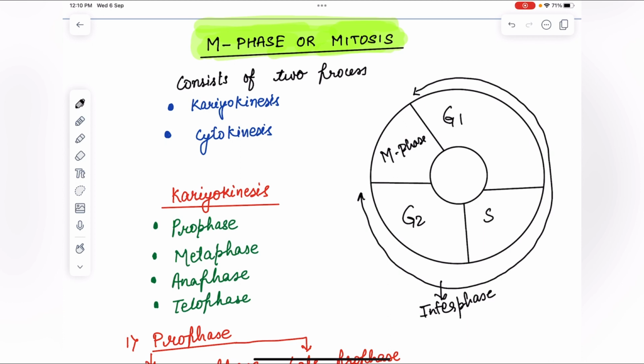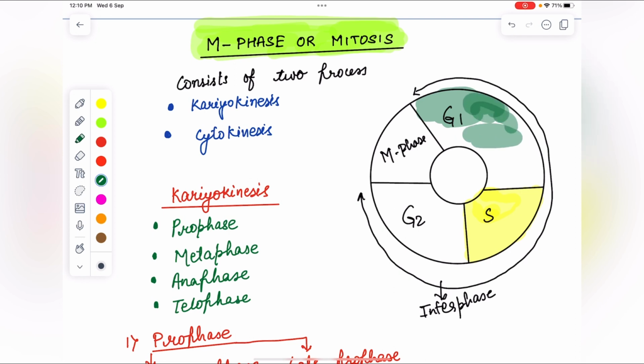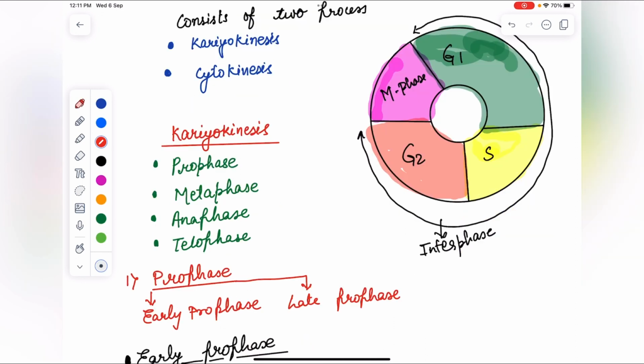The S phase is called the DNA replication phase, G1 is for protein synthesis, and G2 is growth and preparation for mitosis. So all this I have discussed in the previous video.